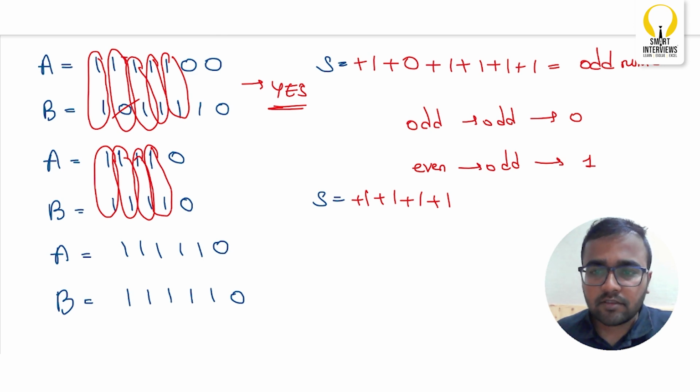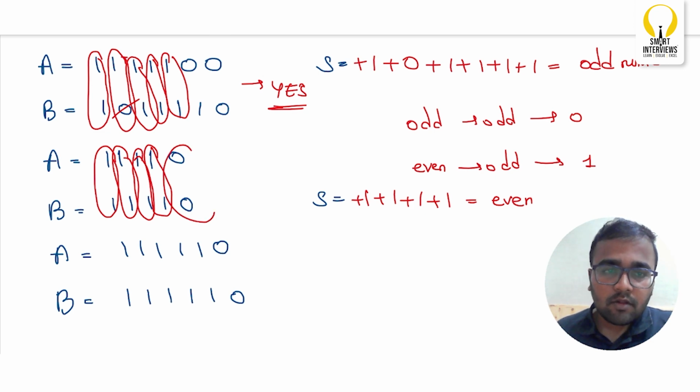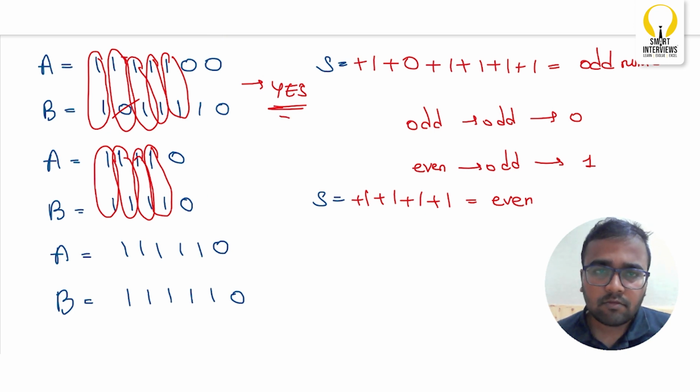Now finally your answer is even. Can you make this even number to odd number? Is it possible? No, because there is no chance of either picking 0 or 1 in the forward cases. So the output for this is no.